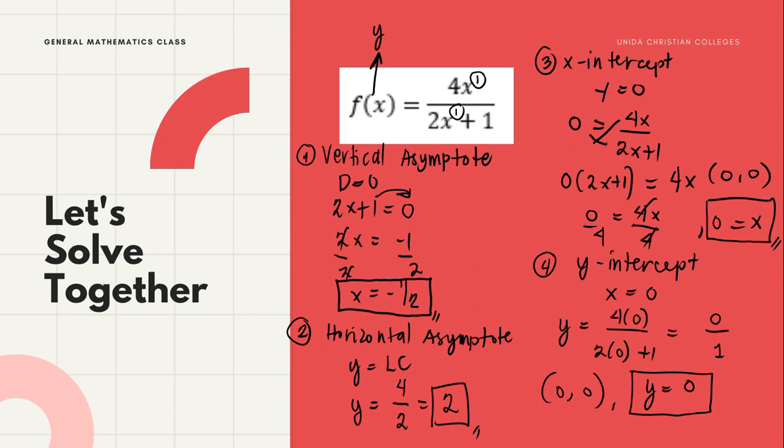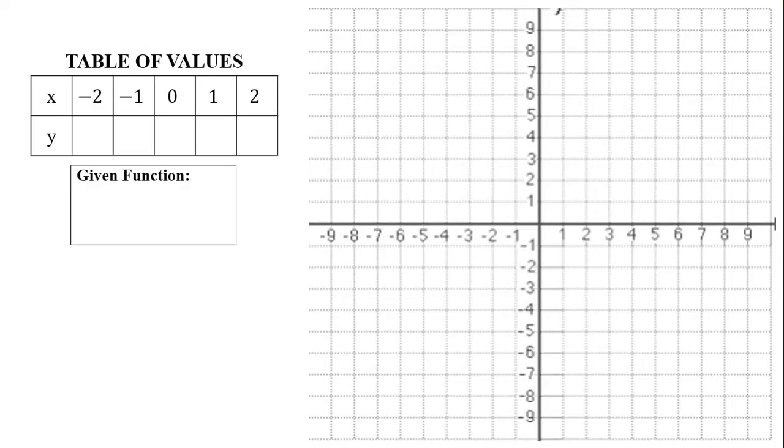Okay. Now, proceed tayo sa table of values. So, kunin muna natin ang ating equation. We have y is equal to 4x over 2x plus 1. Okay. So, lahat ng ating given na x values, i-substitute po natin sa equation para makuha si y value. So, start tayo. Negative 2 muna.